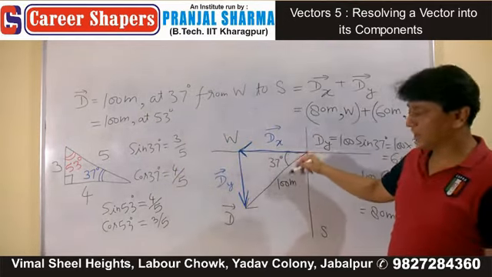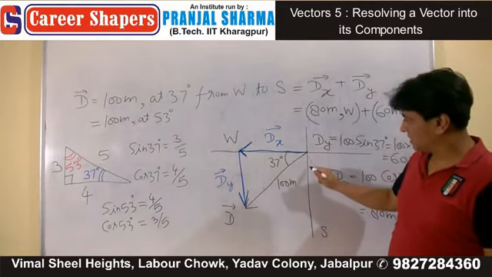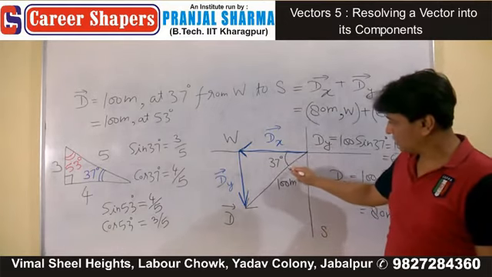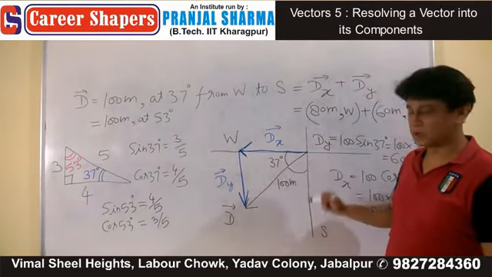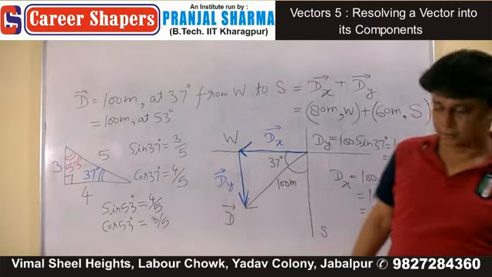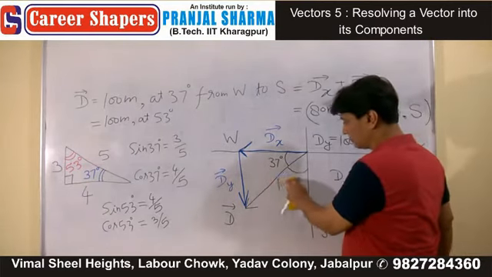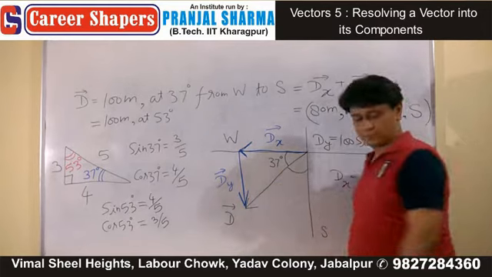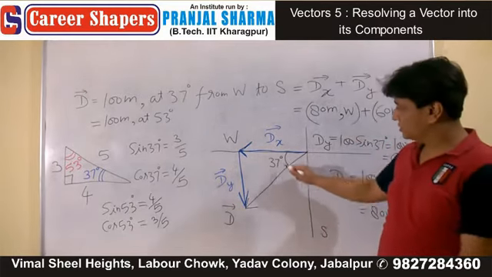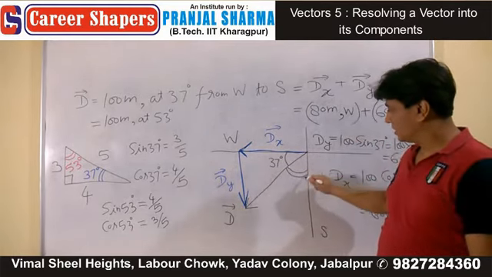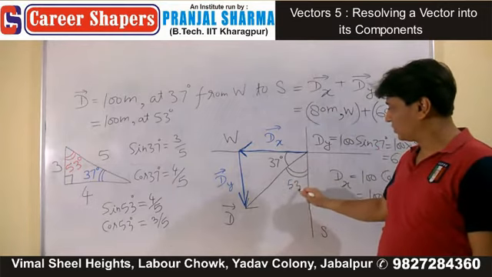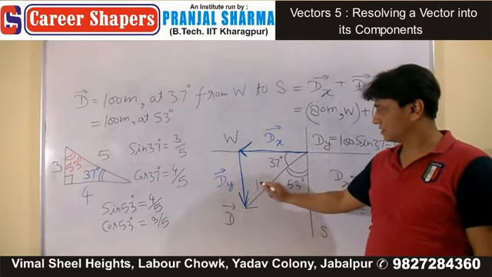If this is 37, then this angle is what? 53. This is 37. This is 53 degrees.